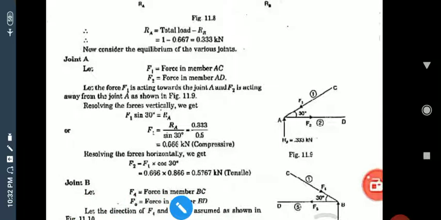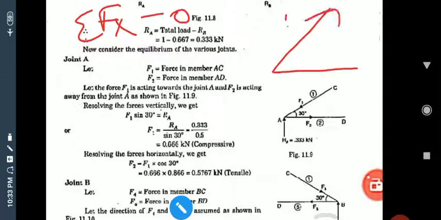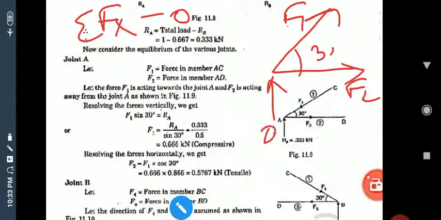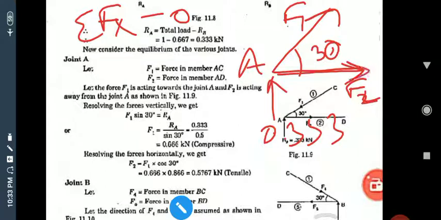So for joint A, summation Fx equal to 0. Here is our free body diagram. This is F1, this is F2, this is 30 degrees, and this is 0.333. This is joint A. So what are the forces acting in the x direction? It is F2 acting in the positive x direction.